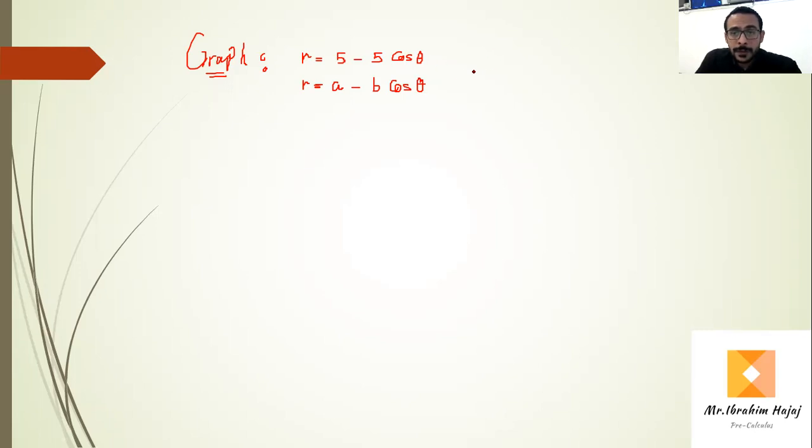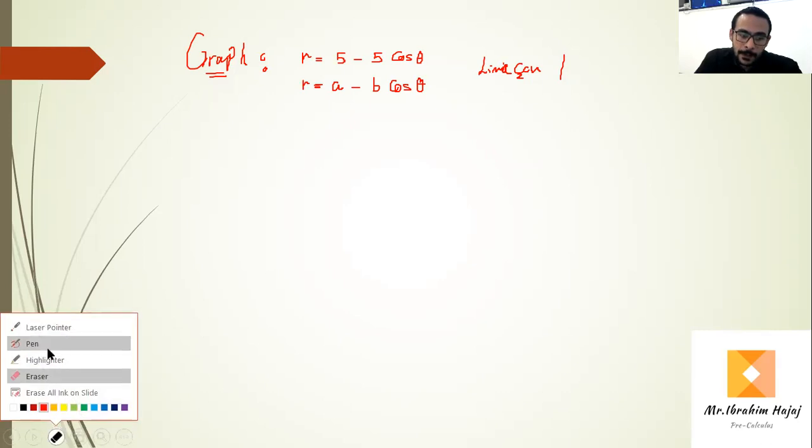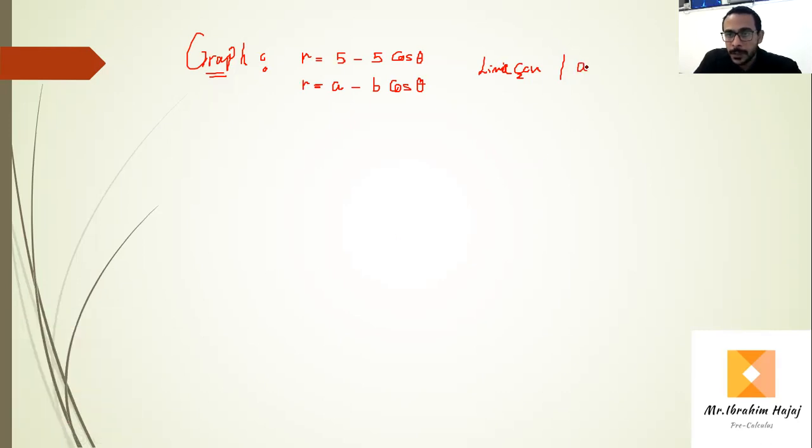So first step, we will write here that it's a limaçon. And what type of limaçon: dimpled, cardioid, inner loop, or convex? What determines it is a over b, which equals 5 over 5, which is 1.